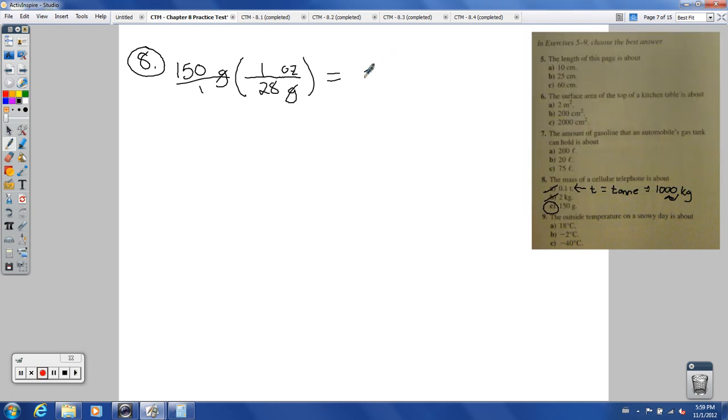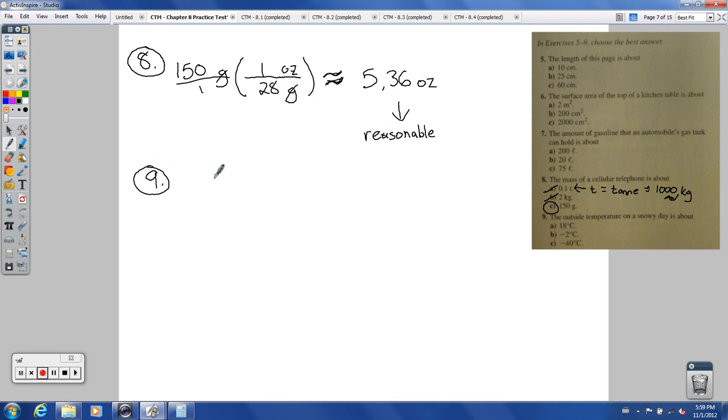So 5.36 ounces. I could make this approximately equal to, it's not exactly that, but that seems to be a reasonable answer to me. So 5.36 ounces, less than a pound, less than a half a pound. I would want my phone to weigh less than a half a pound for sure. That's a little over a quarter pound.